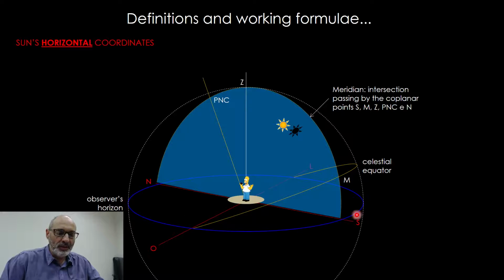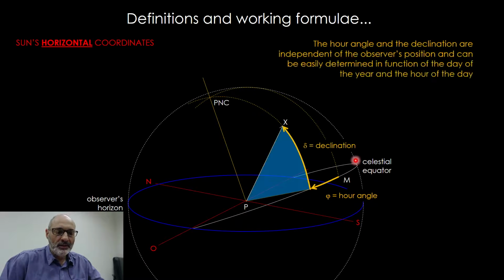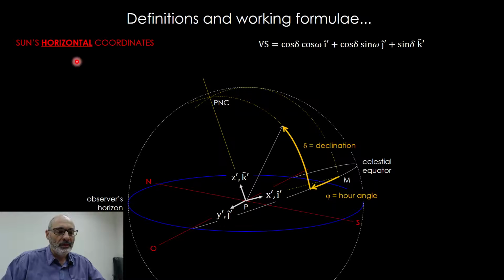If I pass a plane through the north-south pole and through the zenith, this is the blue plane. And I can define the hour angle here and the declination here, just to see those equatorial variables in terms of the horizontal view. Horizontal from horizon, okay? Just to show you.